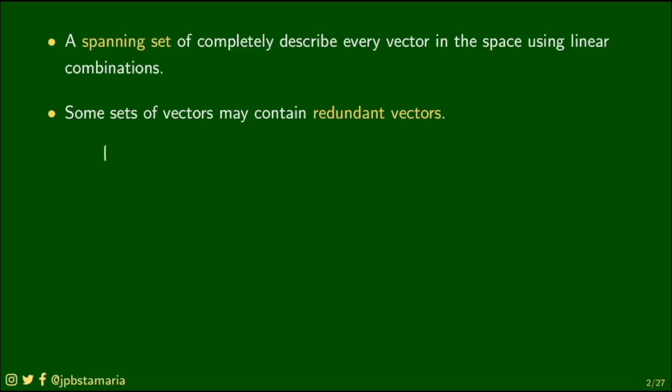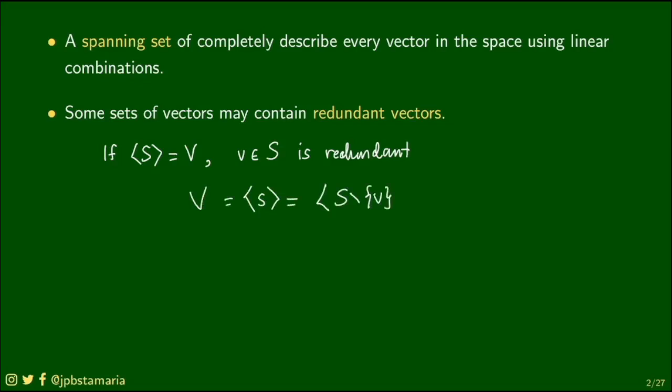For example, if S is a spanning set for a given vector space V, in other words, the span of S is all of V, there may be some vector v in S so that the span of S is equal to the span of S even when v is absent from S. In this case, we say that v is redundant in S. In other words, you don't actually need v to span the same set.